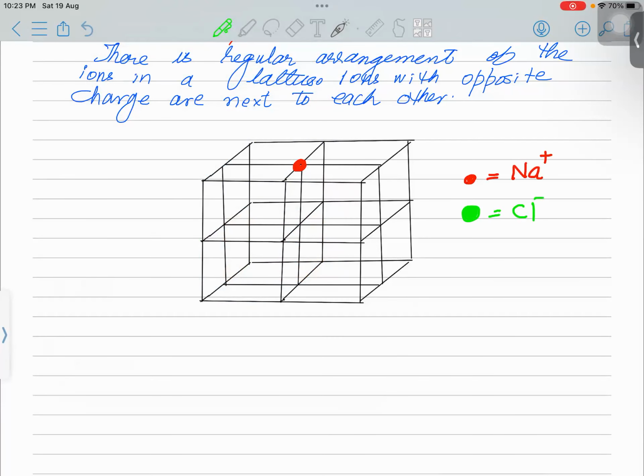So around the sodium, you have green chlorine. This is a particular arrangement. On the right we have green chlorine, on the left we have green chlorine. So around the reddish sodium we have chlorine atoms or chloride ions. Now you can see that around the green one you have all red ones.